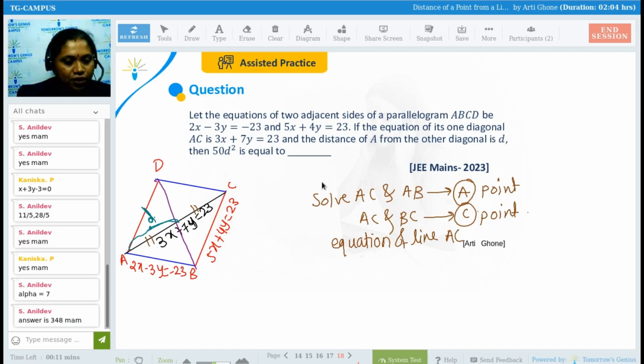So I can form the equation of line AC in the slope point form. We have both the points, and the slope we can get easily by y2 minus y1 upon x2 minus x1. Okay, so equation of AC and BD, which is the same as equation of the line.